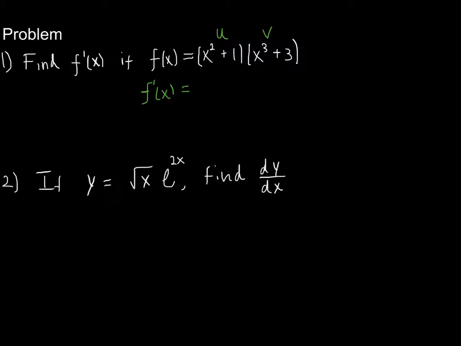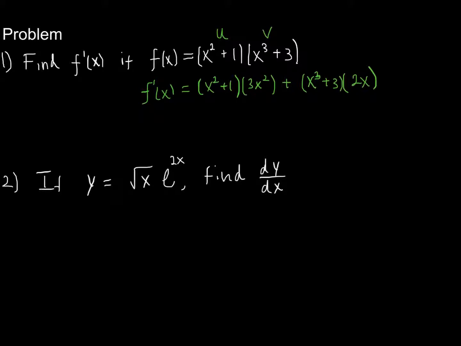So I first have u, which is x squared plus 1, times the derivative of v, which is 3x squared, plus, this time I start with v, I have x cubed plus 3, times the derivative of u, which is 2x.